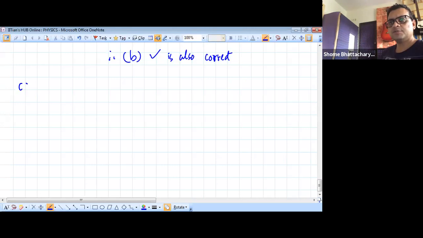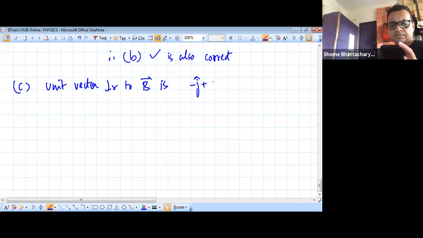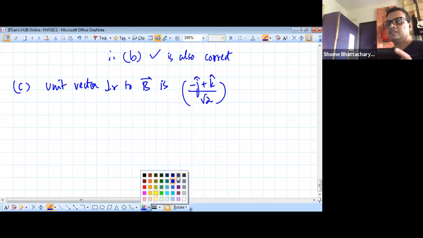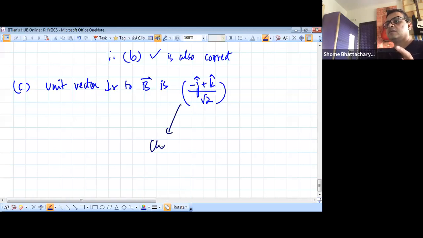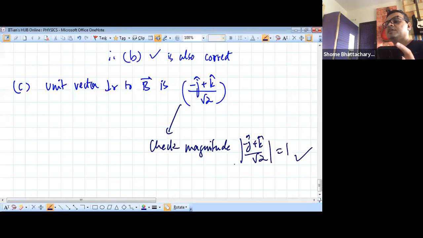Okay, now similarly, if you're checking option C, option C is saying that a unit vector perpendicular to B is this one, minus j cap plus k cap by root 2. So similarly, what you do here is first check, is this a unit vector? So check magnitude. So you'll see that yes, magnitude of minus j cap plus k cap by root 2 is 1. So that's fine.